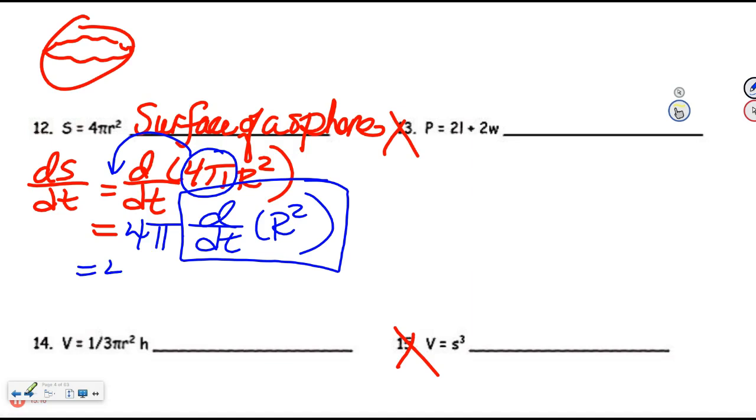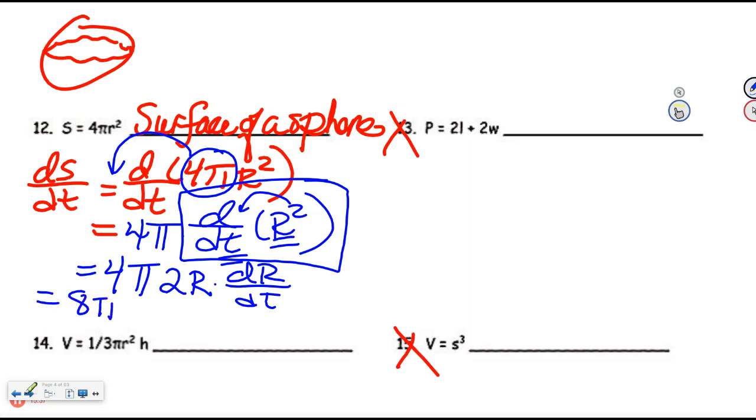But we're still going to do exactly the same thing you know how to do. You bring the 2 out front, you knock the degree down 1, but then you multiply by the derivative of the guts. It's not y prime now, though. It's the rate that the radius is changing with respect to time. So when I'm done with this one, I end up getting 8 pi r times dr dt.